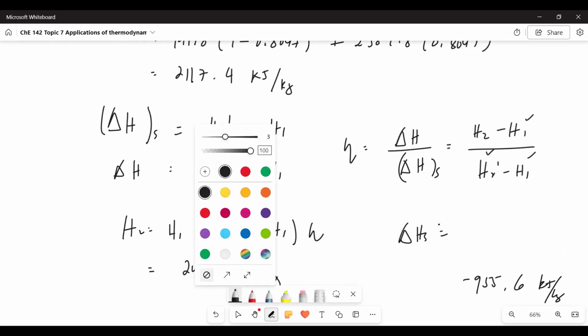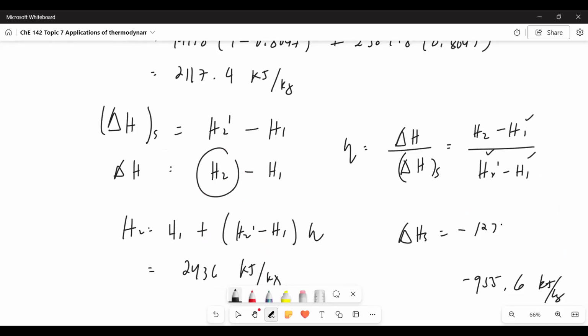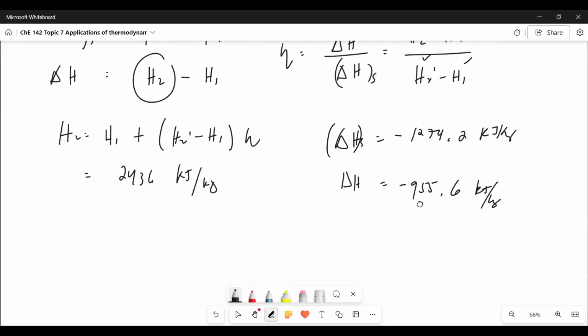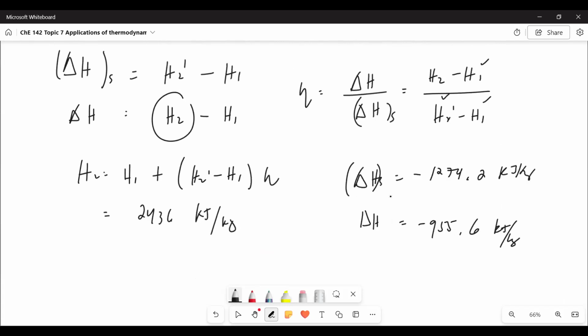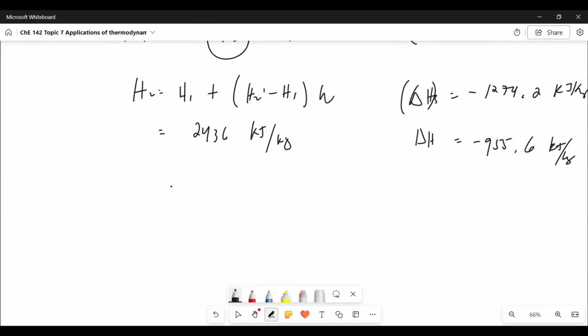What you will get is negative 1274.2 kilojoules per kilogram. Well, delta H actual is this value. So what do you notice? Delta H actual is smaller. So the actual is smaller than the isentropic.